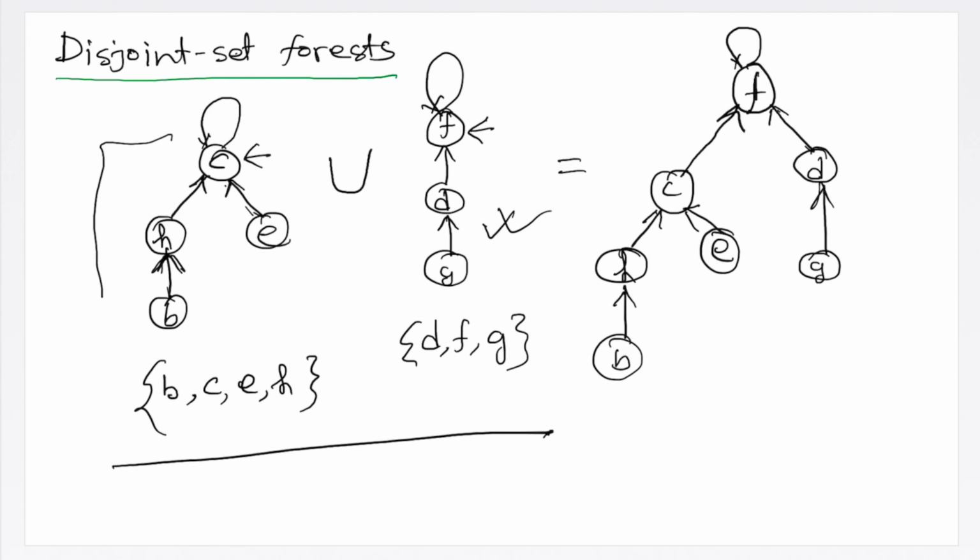Notice that this tree has a height of 2. This tree also has a height of 2. The combined one has a height of 3. That means when we combine two trees of the same height, we are going to generate another tree which has one more level than any of those previous two.